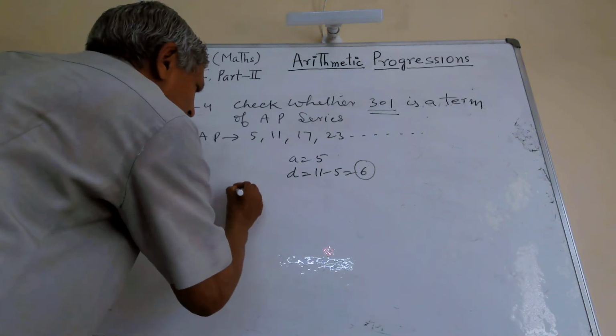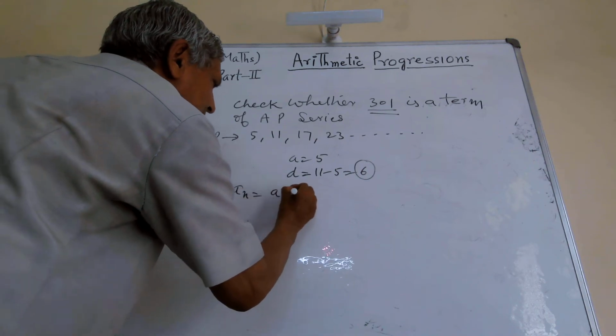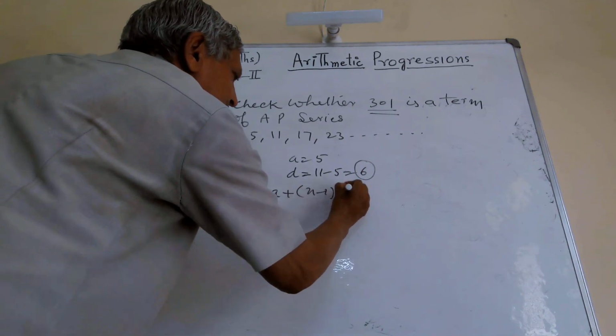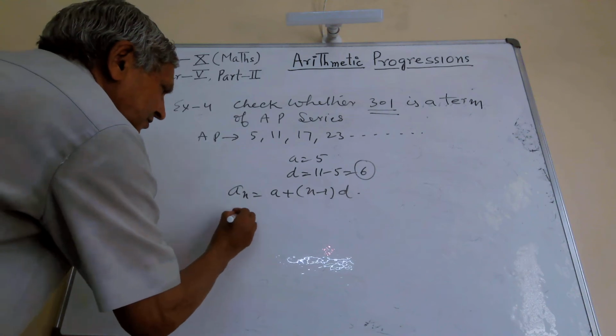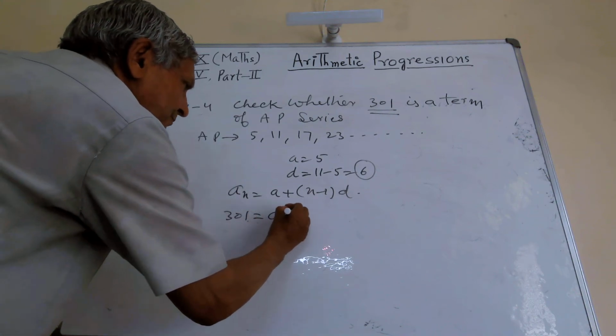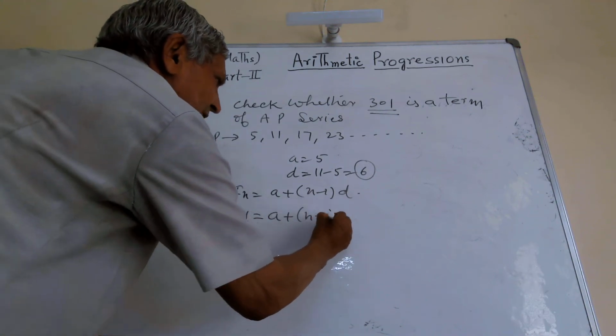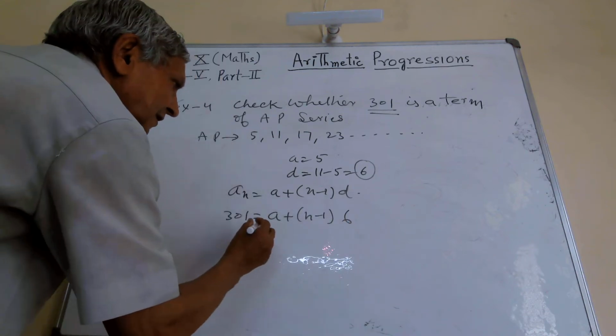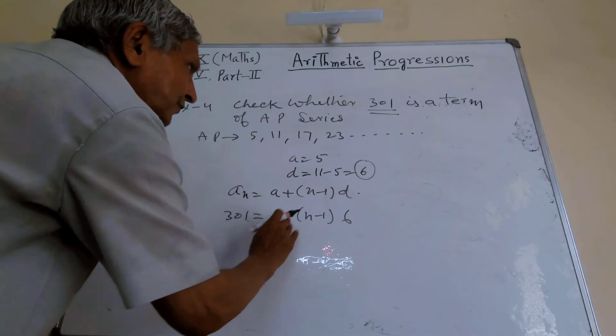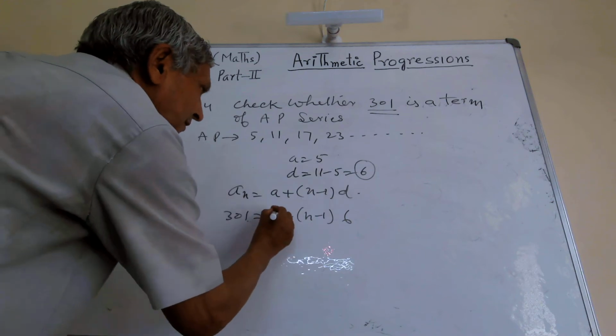Then write down the formula. AN is equal to A plus N minus 1 into D. AN is 301, D is equal to 6, and A is equal to 5.